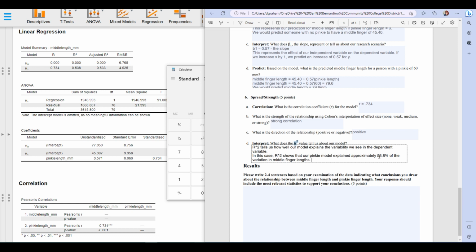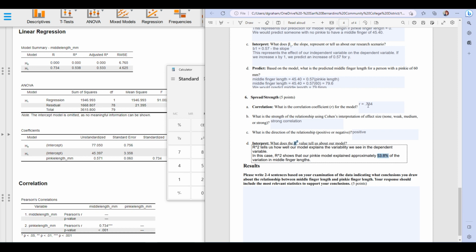So, in other words, of all the things that contribute to people having different lengths of middle fingers, if we were to look at pinkies, we can account for about 54% of that variation by looking at what happens to their pinky. So this means that it doesn't exactly help us predict every time, but over 50% is actually really, really good.